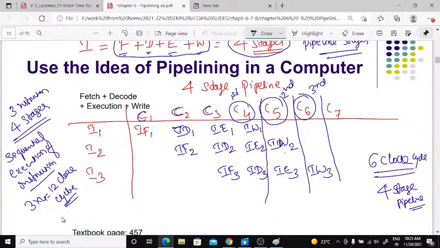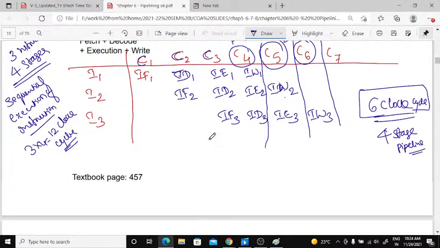If we use the sequential approach it takes 12, whereas here it is taking 6 clock cycles. So in this way you have to understand this particular topic.